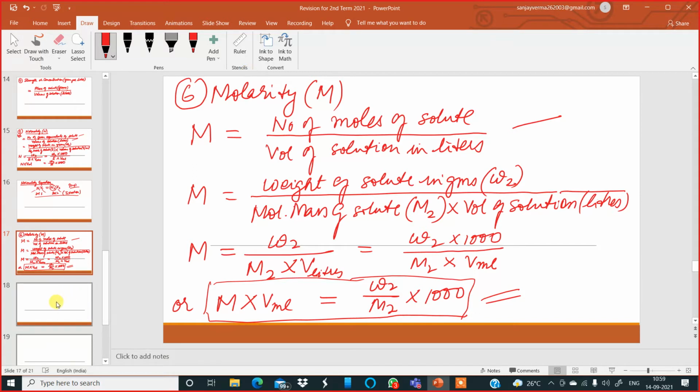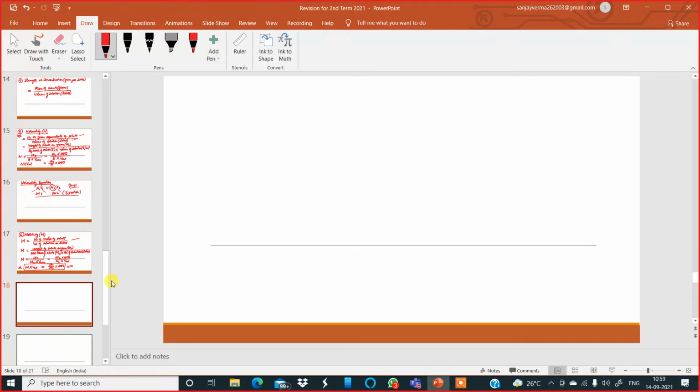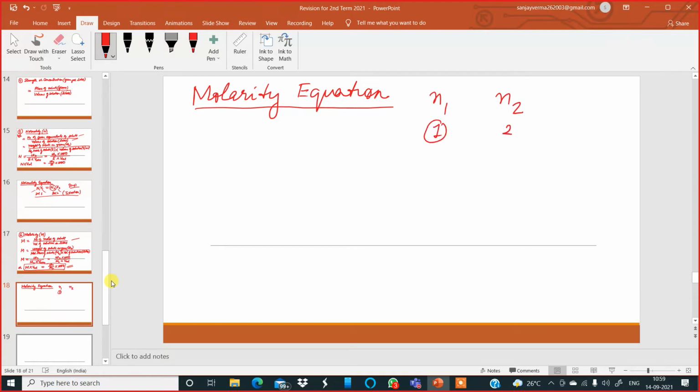After this, like the normality equation, there is also an equation for molarity, which is called the molarity equation. This molarity equation is for a balanced chemical equation involving, say, n1 moles of reactant 1 and n2 moles of reactant 2.